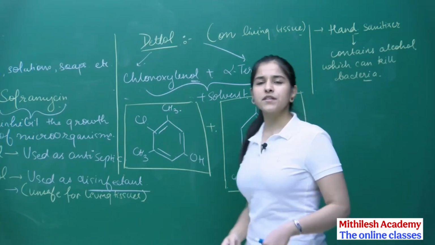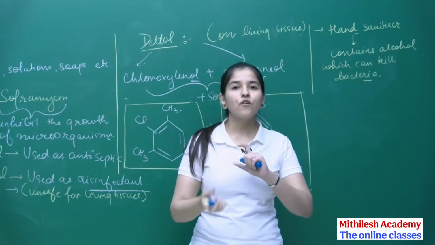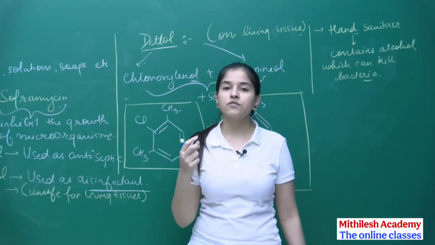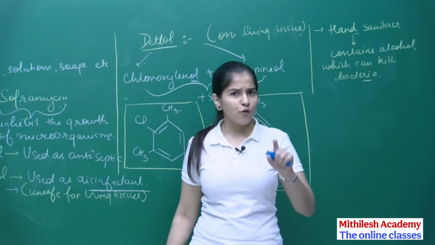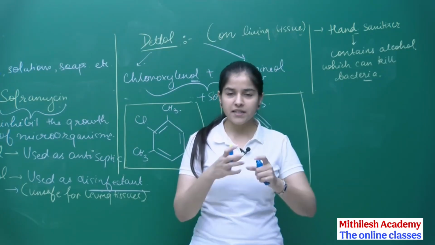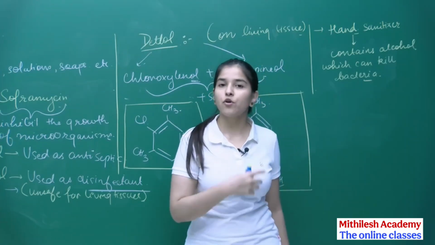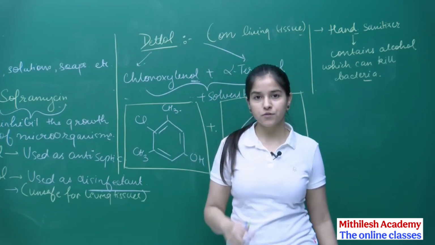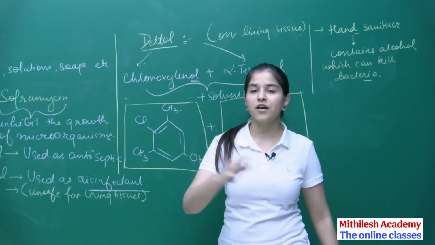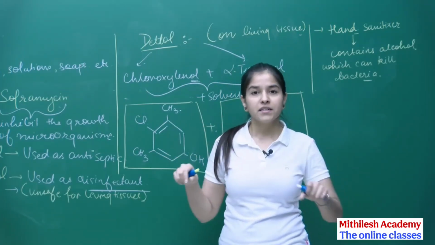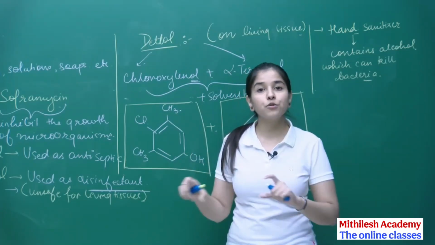So here I would like to discuss one thing. If you have seen the use of spirit, what is spirit? Highly concentrated solution of alcohol, almost pure alcohol. Where is that spirit used? Actually it's used in the spirit lamp in order to have a flame in your laboratories. But what is the other use of the spirit? Doctors use the spirit post surgery in order to wipe off the wounds or the incisions, the cuts that they have created during the surgery.